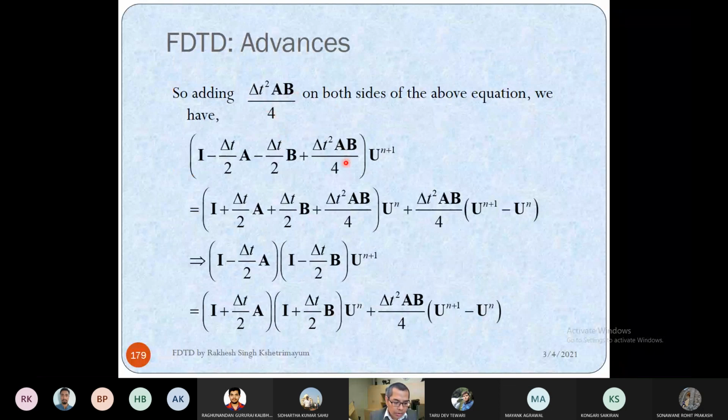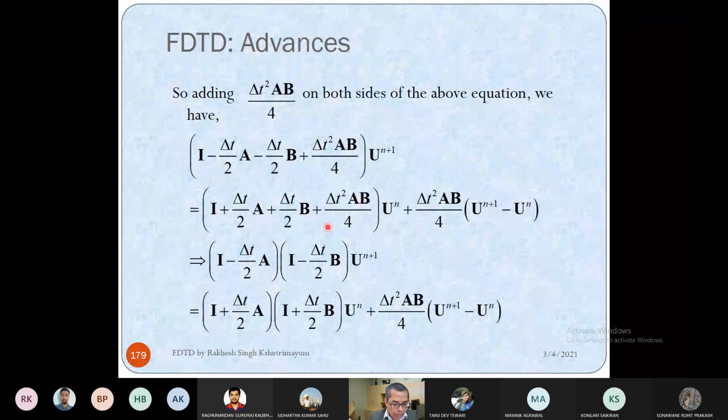If I add this in this side, it should also be added in the other side. I also add delta t squared A B by 4 U^n, and then I should also subtract delta t squared A B by 4 U^n. I can add and subtract the same term on one side, or add the same term on both sides. It doesn't make any difference. It's the same equation, but then we can bring it into the form we wanted.